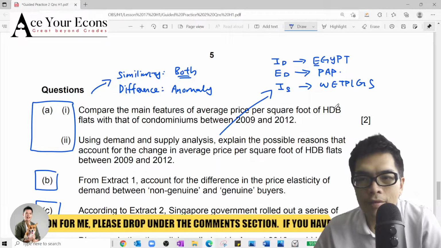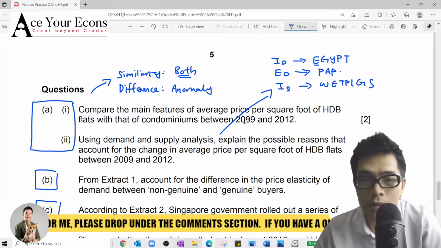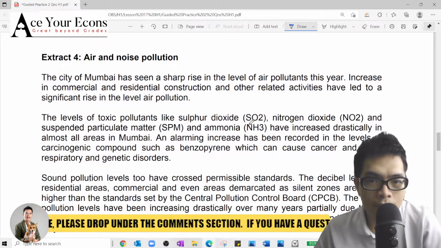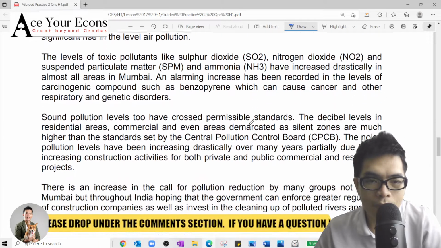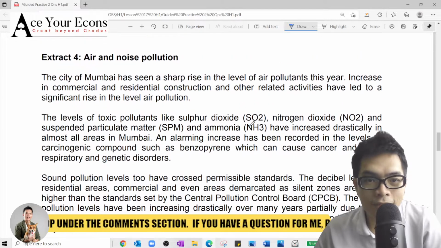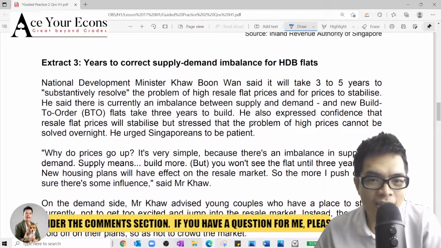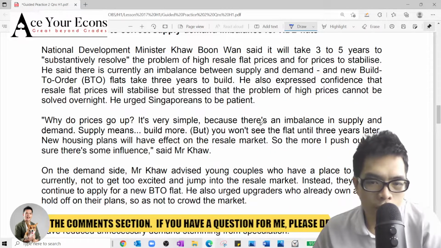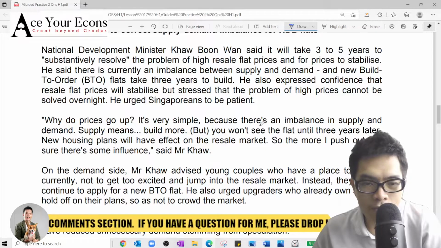Government policy. Okay, what about government policy? Can it be the seller stamp duty again? Sure. Then how are you going to justify that?